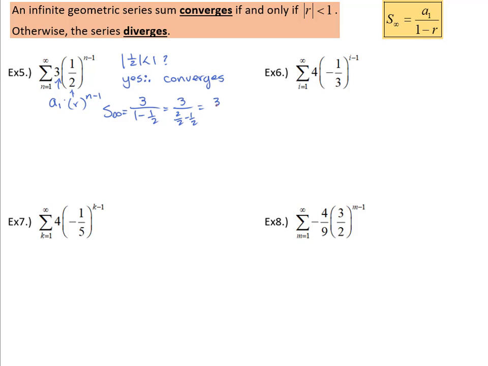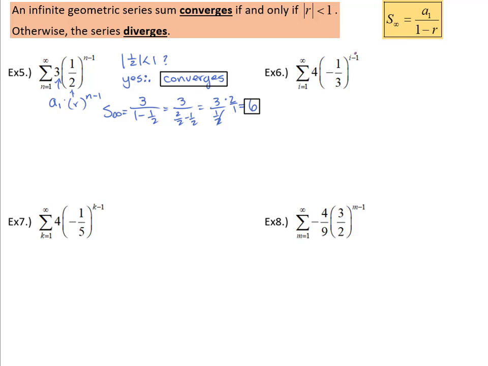Subtract in the bottom, we get 1/2. And multiply by the reciprocal, which is 2 over 1. We end up with this series, as it goes on forever, converging to exactly 6. At infinity, its summation equals exactly 6. So it just keeps getting closer and closer to 6.